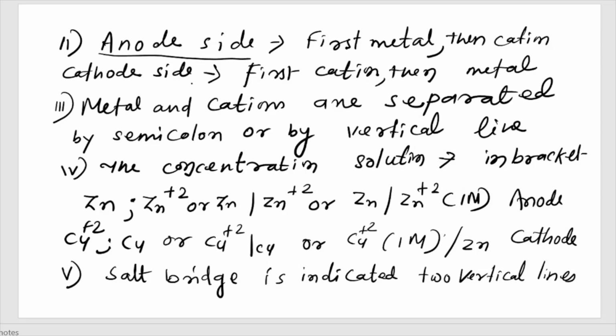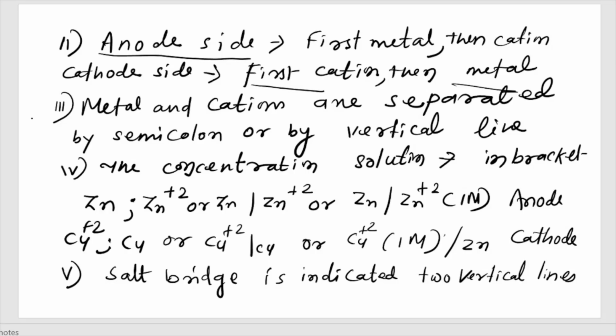Then on the cathode side, what happened? For example, copper: first the cation Cu plus 2, then metal. Metal and cation are separated by a semicolon. Then how can you represent them?